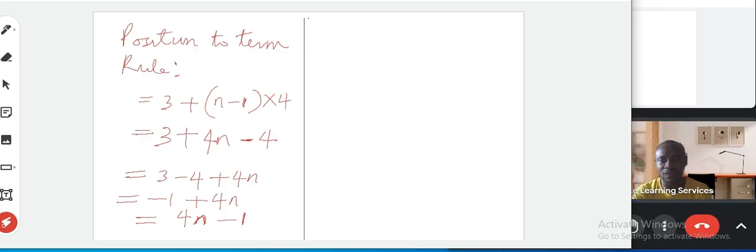So it becomes 3 plus 4n minus 4. And then you collected like terms, 3 and minus 4. That gives 3 minus 4, and you know 3 minus 4 is minus 1, plus 4n. So this is the position to term rule: minus 1 plus 4n, or 4n minus 1.